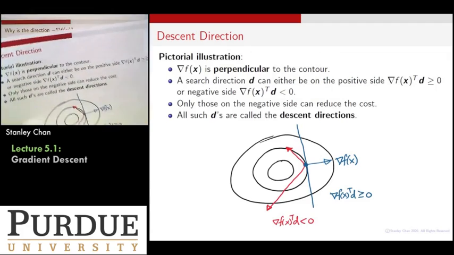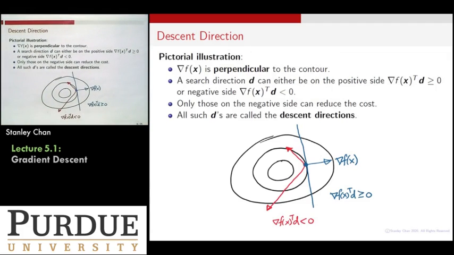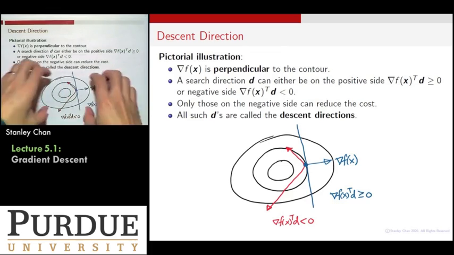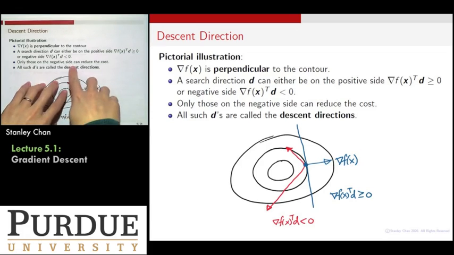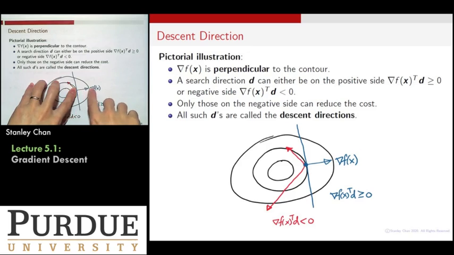So what does it mean? Well, it means the following picture. Suppose you have all these contours, they're defining the sets, okay? And out of the contour, you have a higher cost value. Now, imagine that currently you are at this point. Okay, and as I showed you last time, when you draw a gradient, let's imagine that it's pointing outward. So this is the normal direction, and then there is a tangent line.